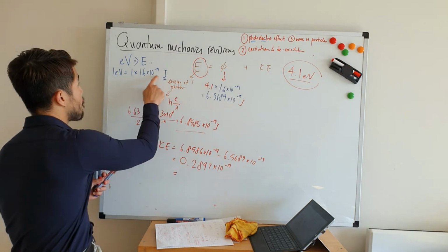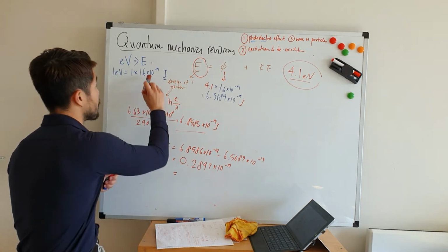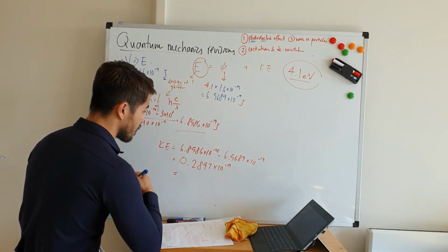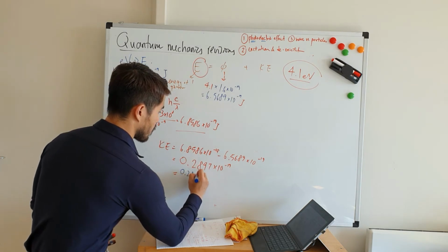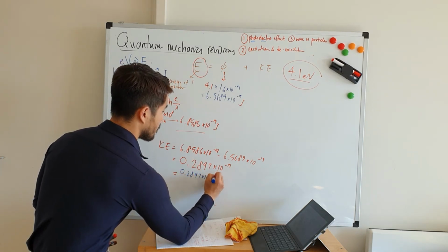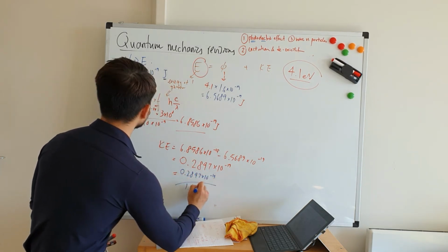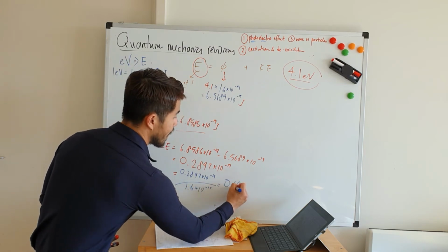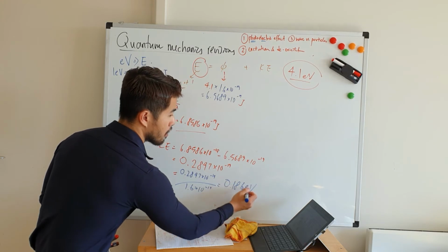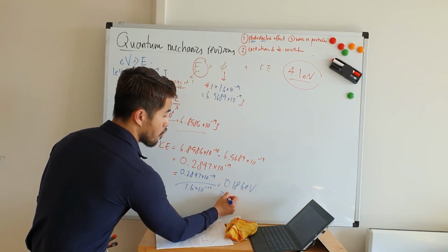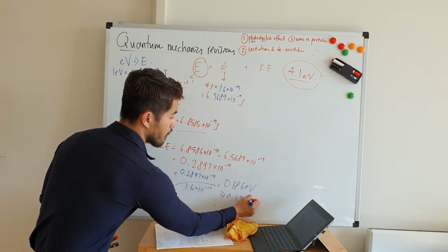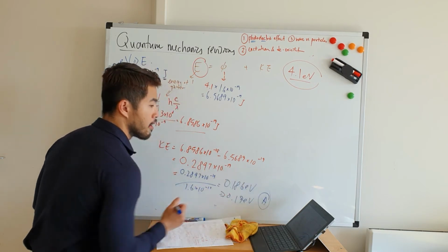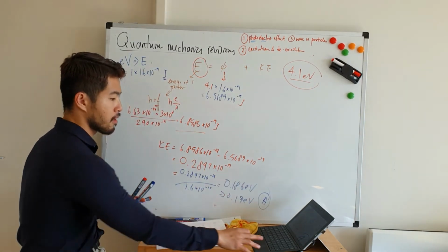So in order for us to go back to eV, I need to divide by 1.6 times 10 to the power of minus 19 instead. So this is going to give us 0.186 eV, which is 0.19 eV, which is answer A instead.